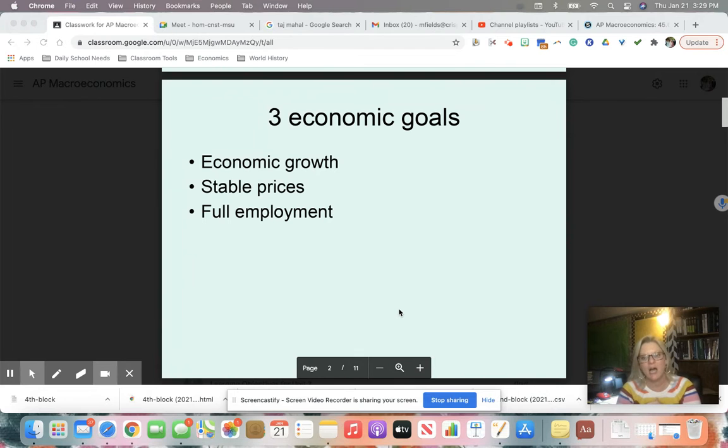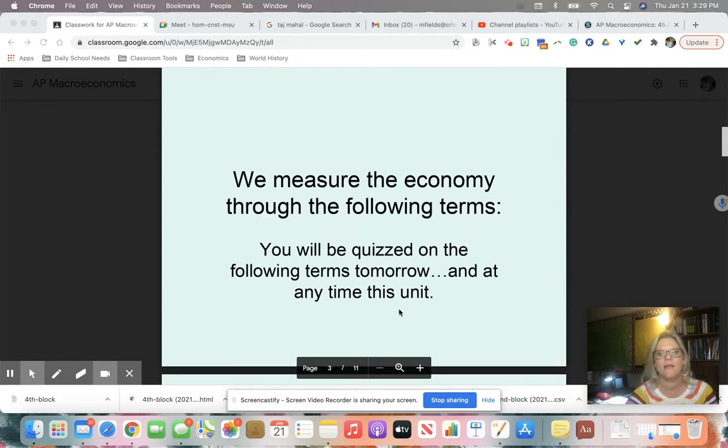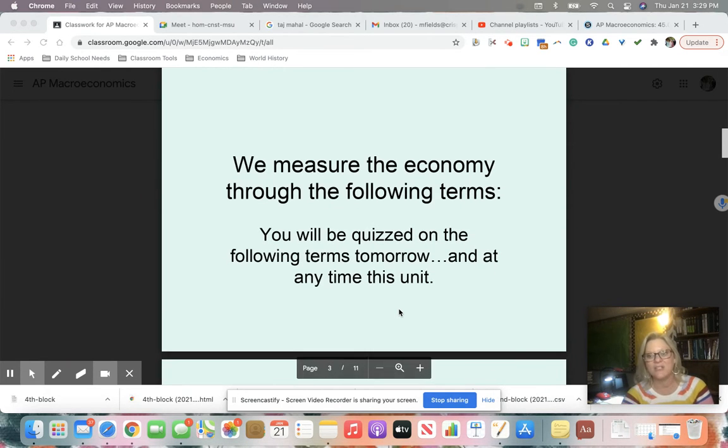We want enough jobs for people to work in our economy who are willing and able to work. So our three goals for our macro economy are: we want our economy to grow, we want our prices to remain stable, and we want people to have jobs, right? And so those are the three things that we're going to look at when we're trying to decide if our economy is doing well.